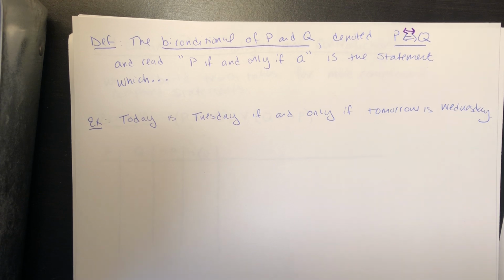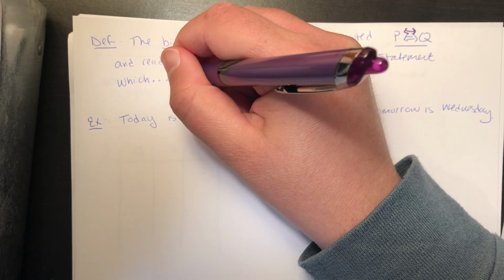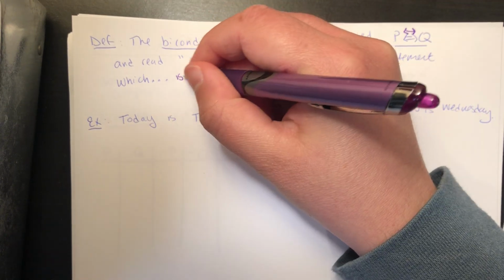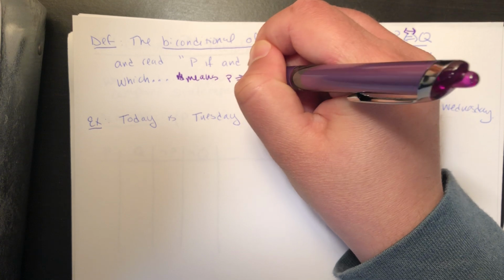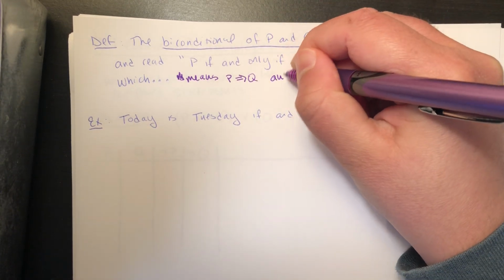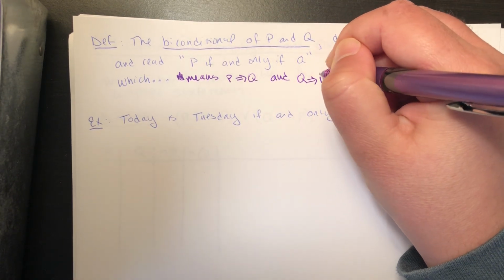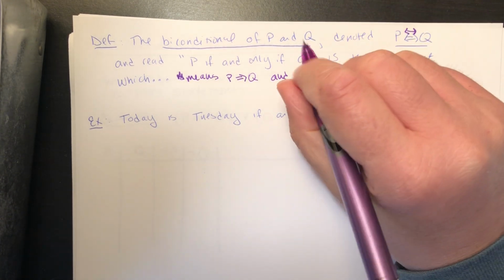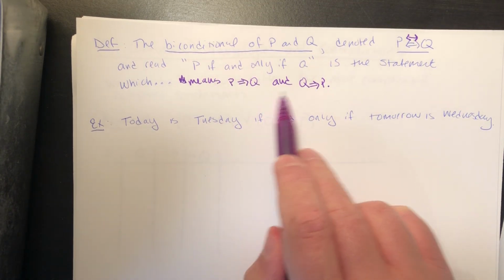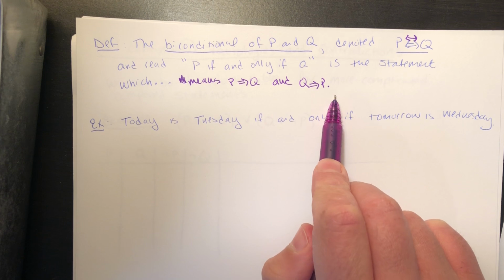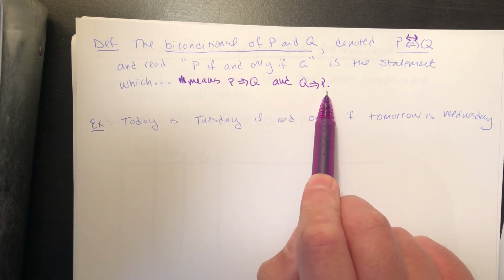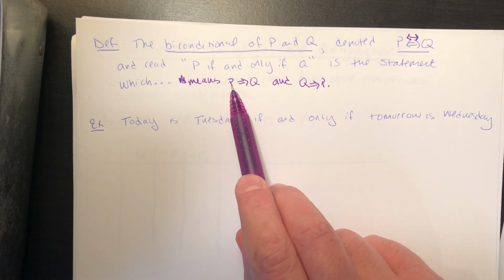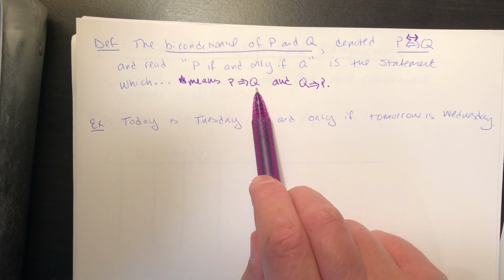And this is a statement which is equivalent to saying, or which really means, that P implies Q and Q implies P. This is really how it's defined. It's a conjunction of these two implications, right? It's two conditional statements. P implies Q and Q implies P. In other words, if P is true, then Q is also true.